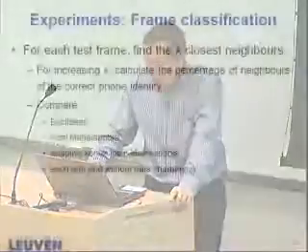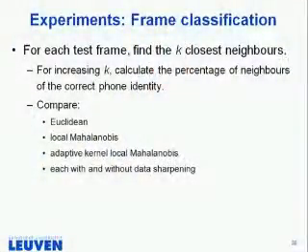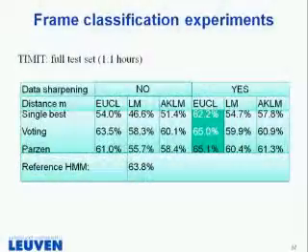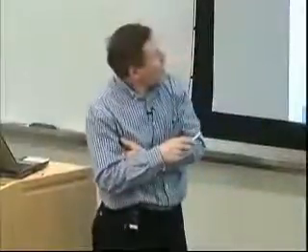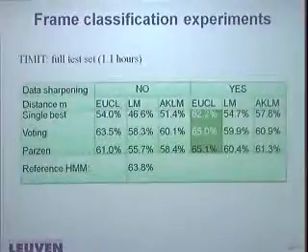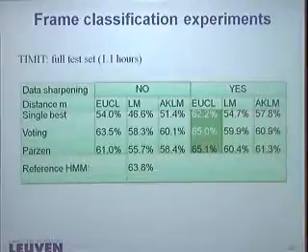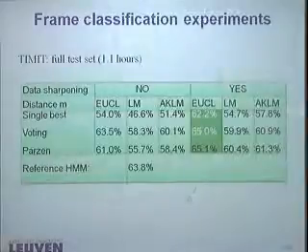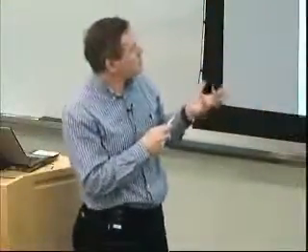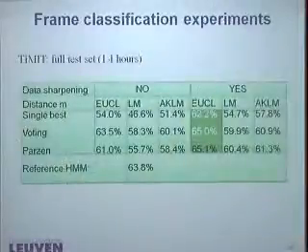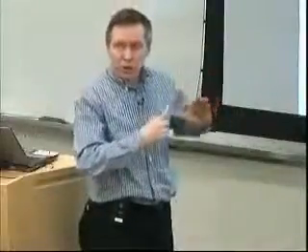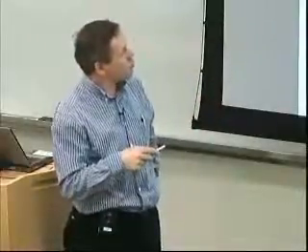Okay, we did experiments on plenty of different test sets. Let's look just at some frame classification results, where we've compared data sharpening and no data sharpening, and compared distance metrics: Euclidean and local Mahalanobis, where you estimate the Mahalanobis locally, and also an adaptive kernel, where you look in the local neighborhood of the point to decide whether to adjust your kernel or not.